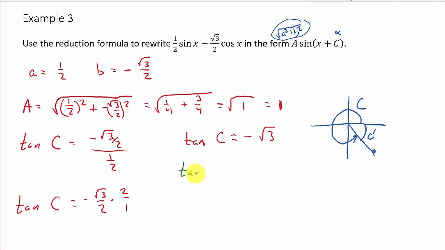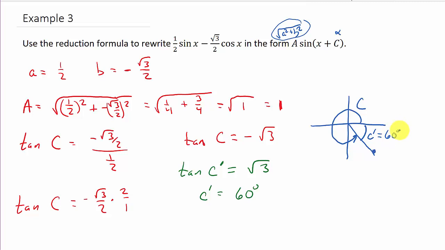So what I like to do is rewrite this when it's negative like this, and I'll change this to positive square root of 3 so I can go ahead and find my reference angle. So this is just how you find your reference angle. You set it equal to the positive, and so I get my reference angle. Well, the tangent of what is square root of 3? Well, that's 60 degrees. Okay, so there's my reference angle.